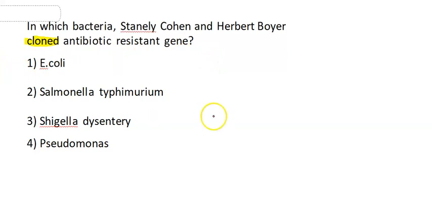We know that this question is based on recombinant DNA technology or rDNA technology. I will explain the process. First of all, we will take one antibiotic resistant gene. Consider this as an antibiotic resistant gene.